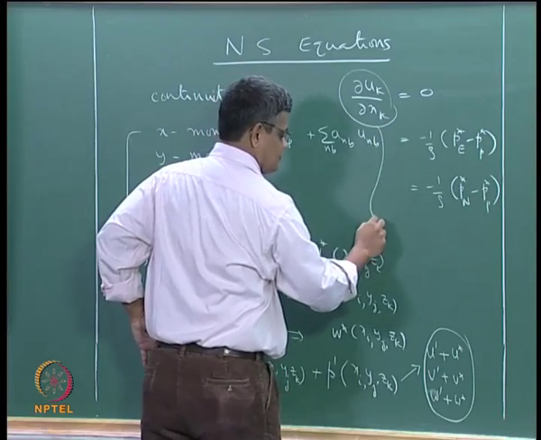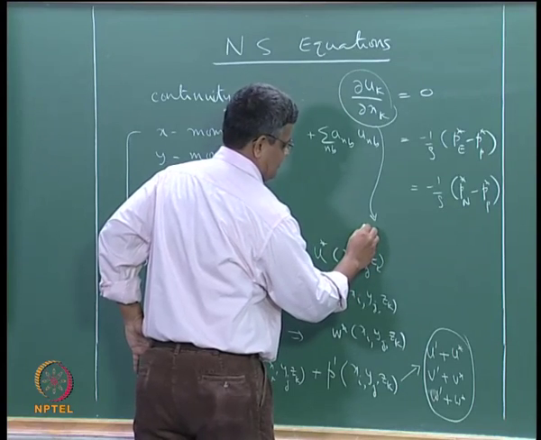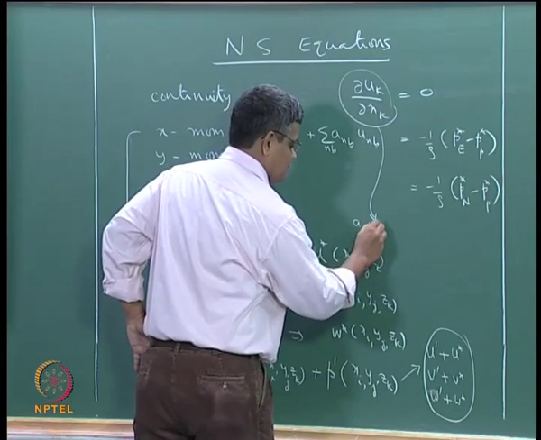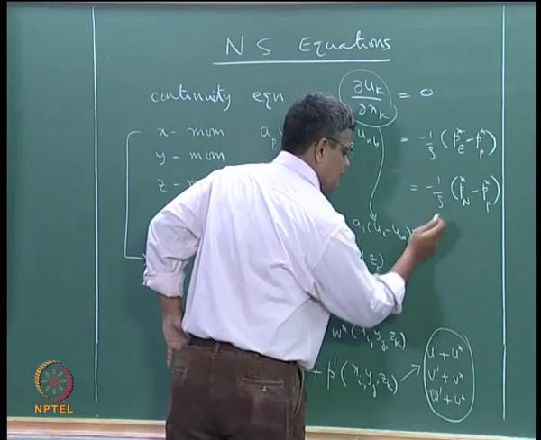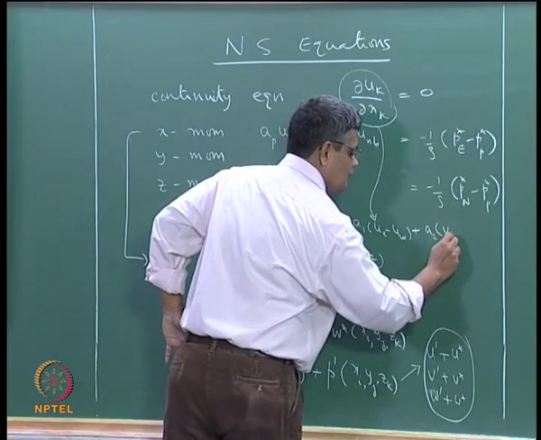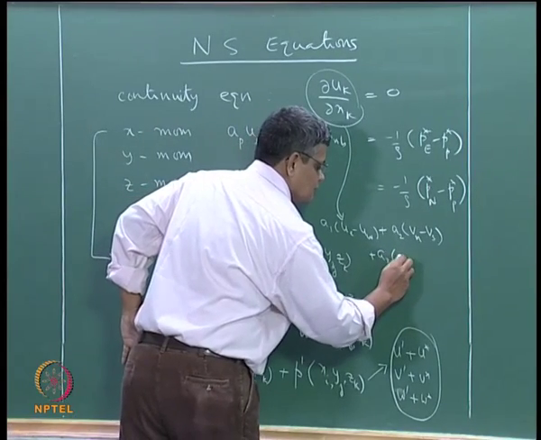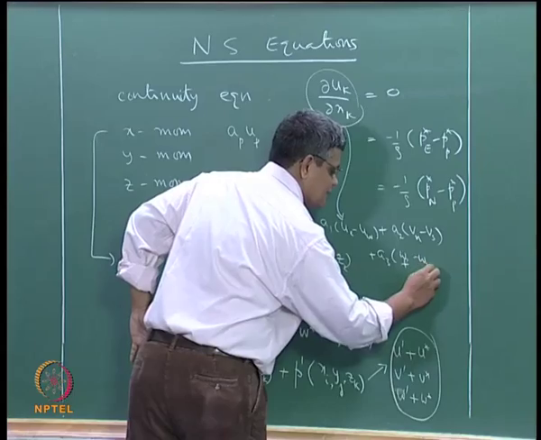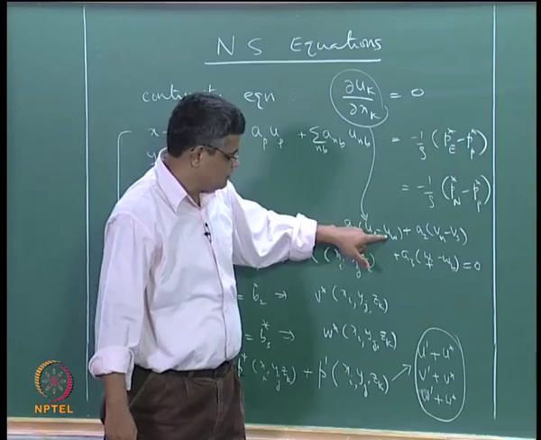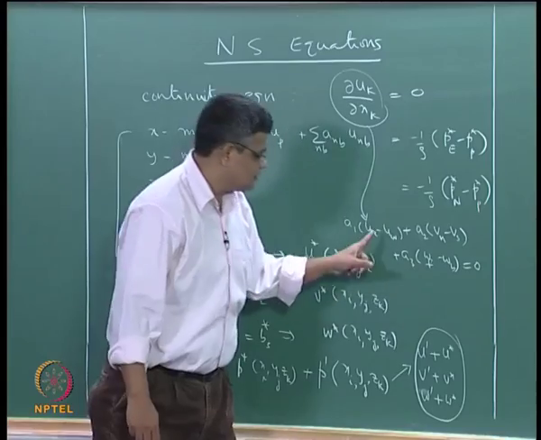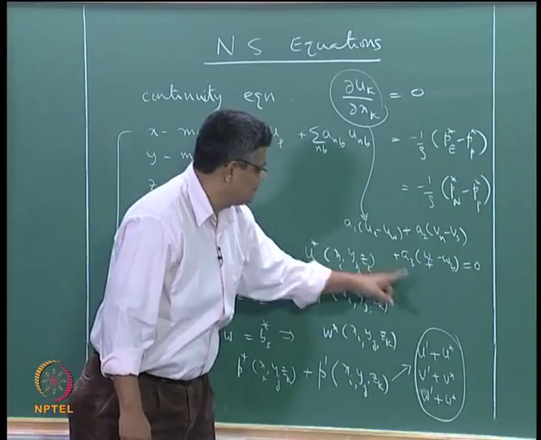write this as, okay, let's just put it as A1 times (UE minus UW) plus A2 times (V north minus V south) plus A3 times (W front minus W back) equal to 0, where these U's are the new velocities, and this we know is at all xi, yj, zk, so you can put these things.